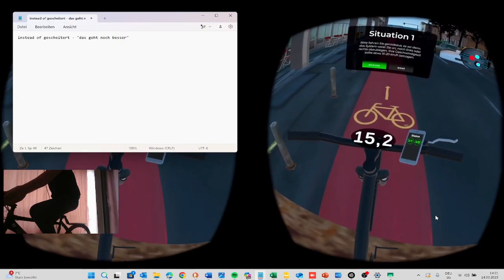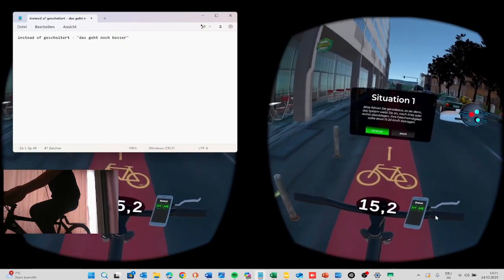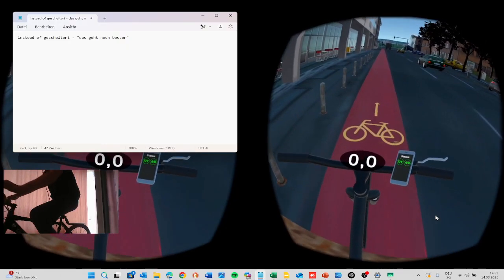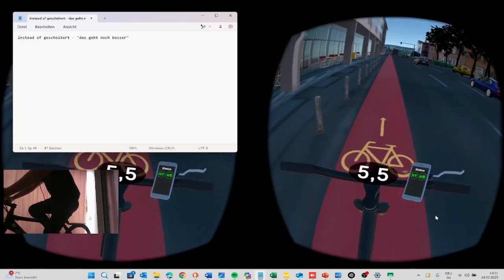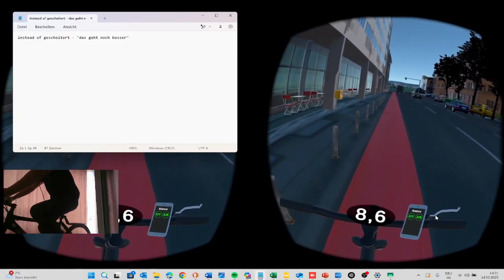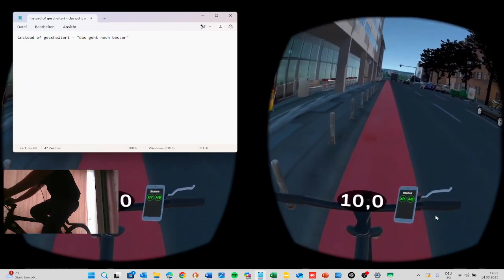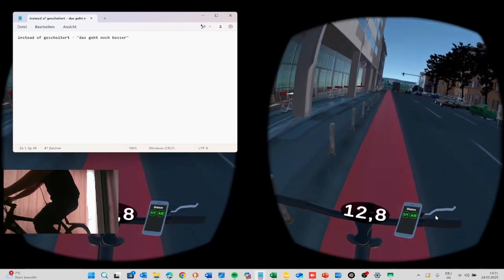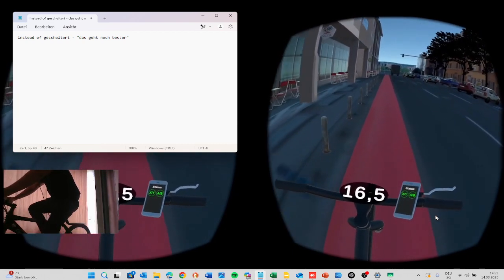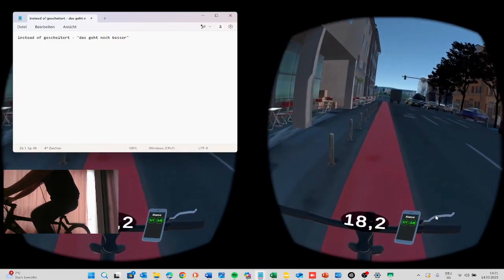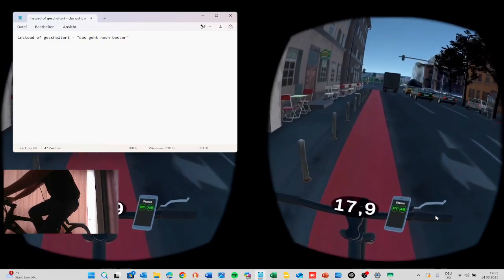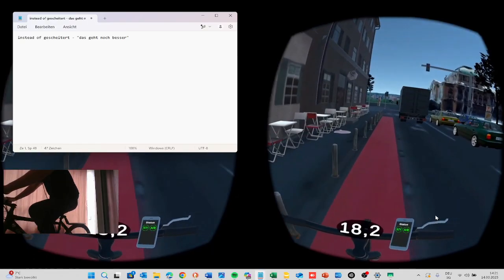And here it's 15.2 kilometers an hour. Oh, now it's 0. Okay. And I'm very, just slow it down, maybe. Oh yeah, anyway, I got the speed.